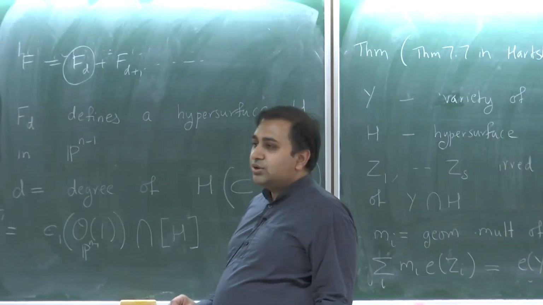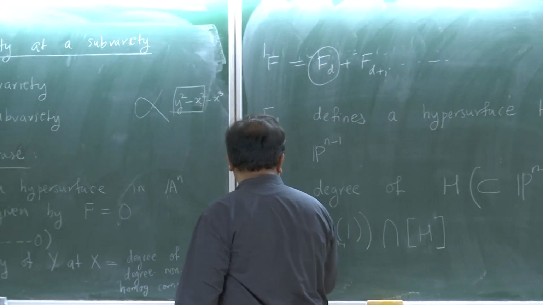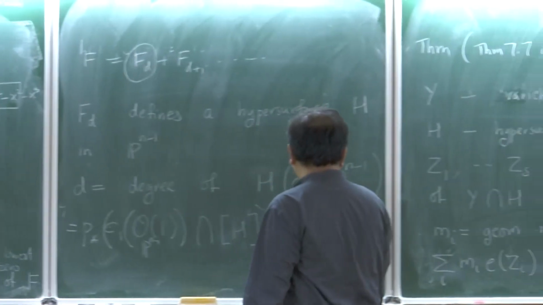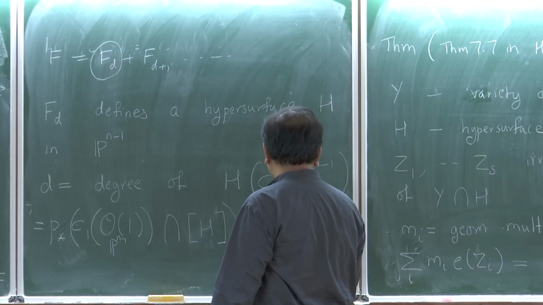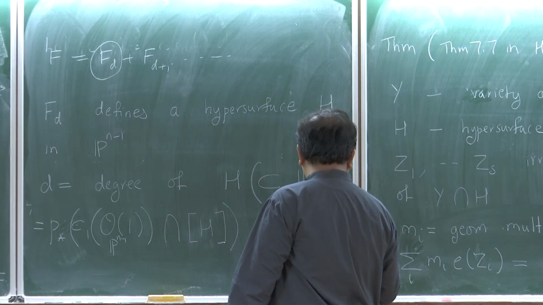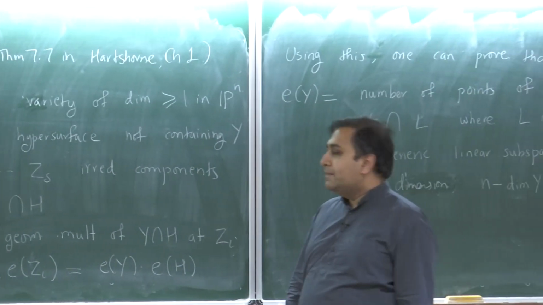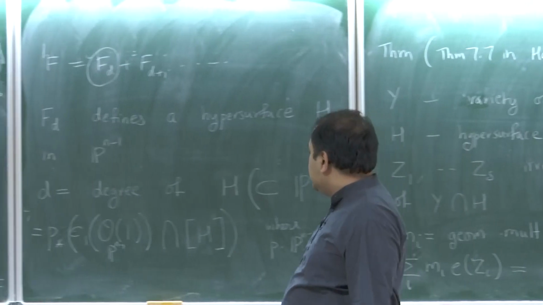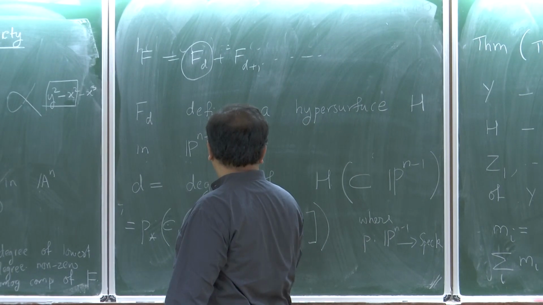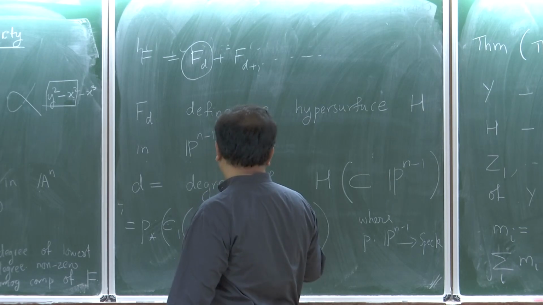A more sophisticated way of saying this is that this is equal to p lower star, where p is the map from P^{n-1} to Spec K. Sorry, I should have written here n minus 1 minus the degree of... no, what am I saying?